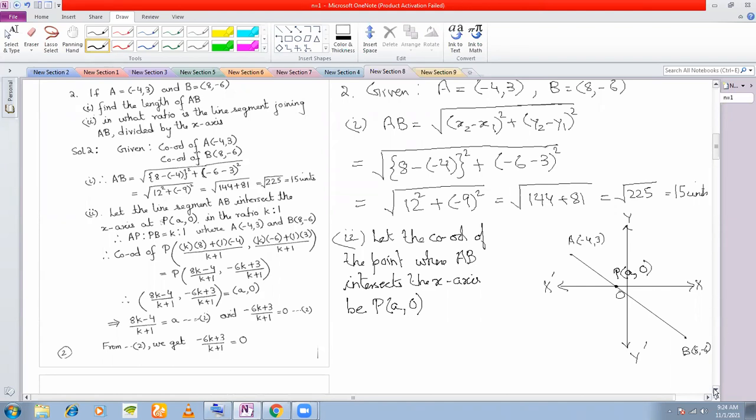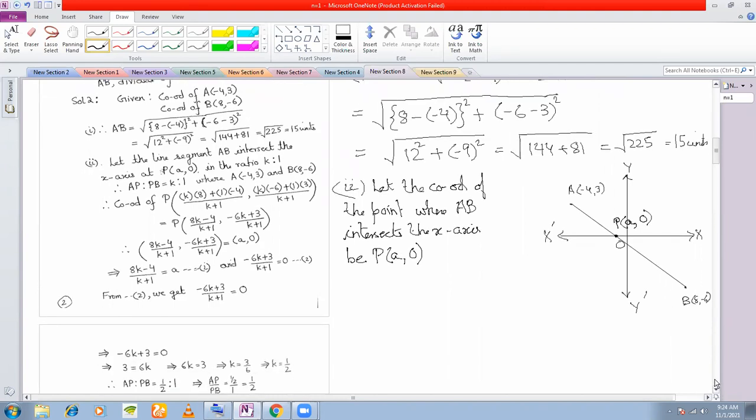Now we can find out the coordinates of P only if we take the ratio. So let the coordinates of P where AB intersects the x-axis be (a, 0) such that, let's take k parts here, that is such that AP is to PB is equal to k is to 1. That means k parts lie here, and let's say one part lies here.